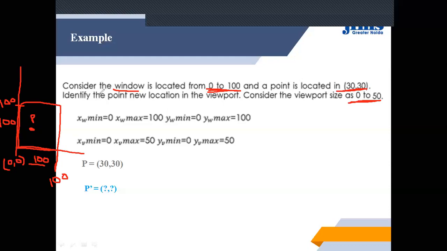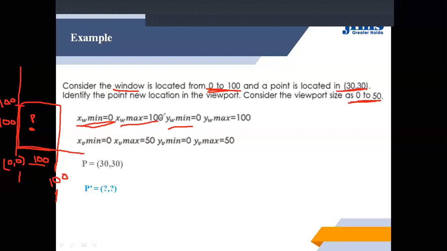So this is given when we are discussing the window: xw min is 0, xw max is 100, which we calculated, yw min is 0 and yw max is 100.